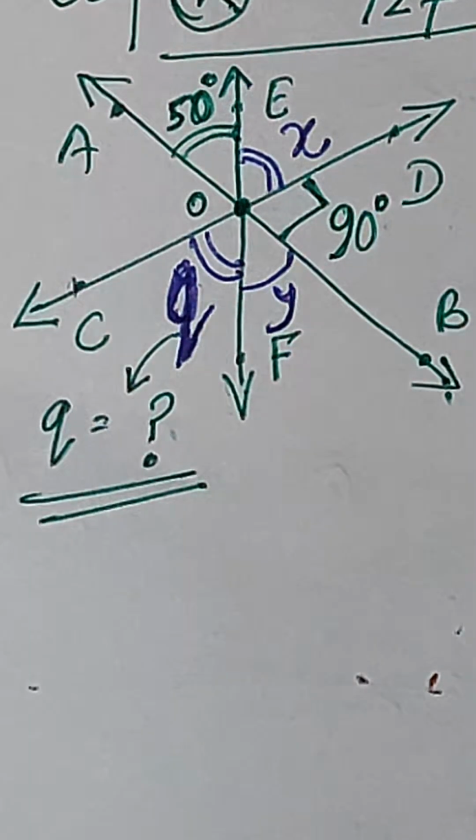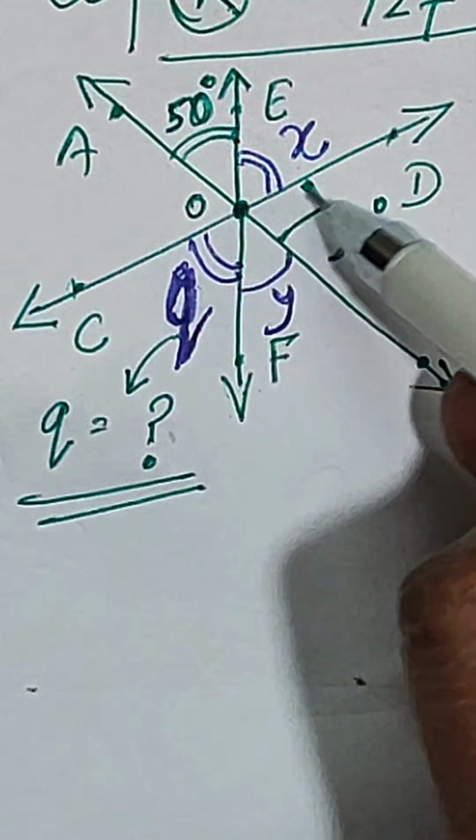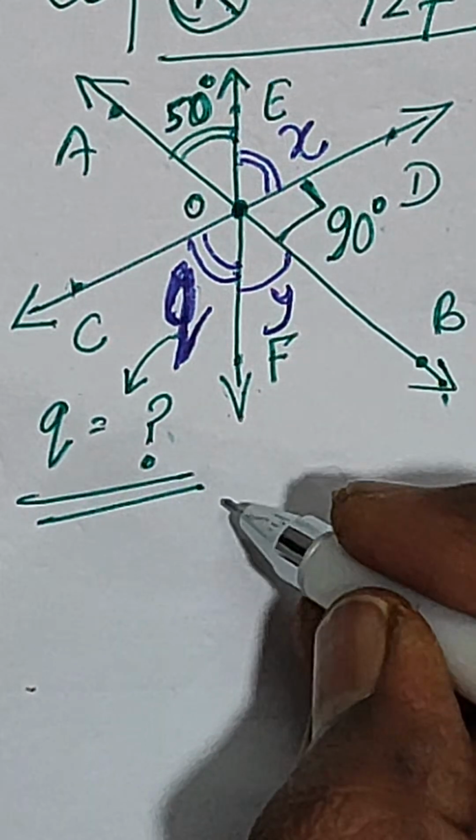So students, first of all, you can see EF and CD are line segments, right?